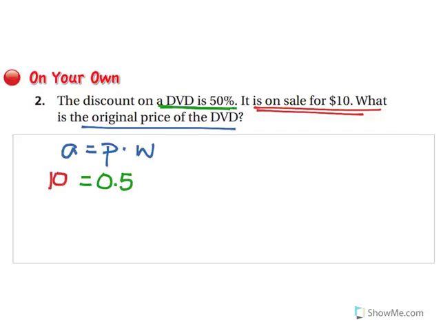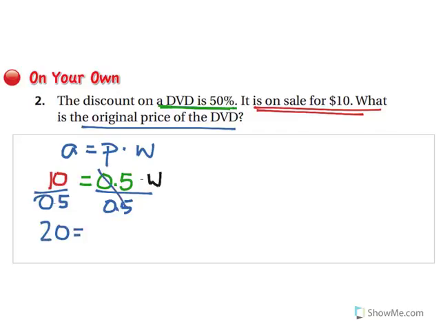What we don't know is the full price, and that's W. So at this point, I can divide both sides by 0.5. By doing this, I end up getting 20.